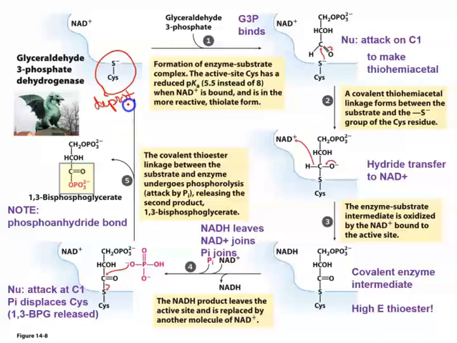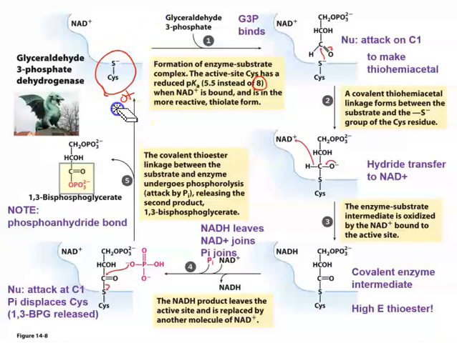Usually, the cysteine would be protonated because cysteine has a pKa of 8. And so the majority of it would usually be protonated at pH 7. However, because of this specialized chemical microenvironment at the active site, we have cysteine in a deprotonated form.